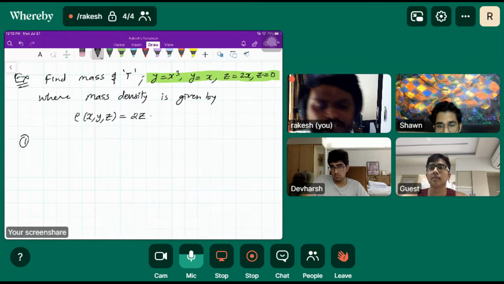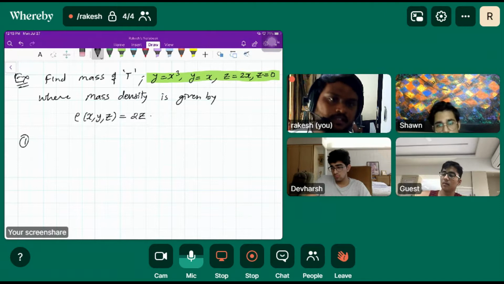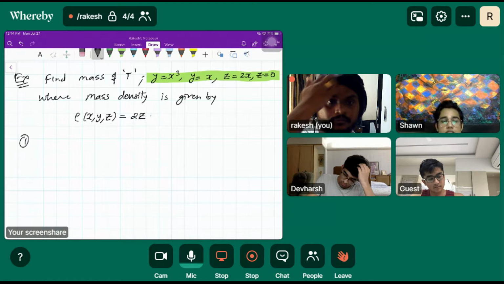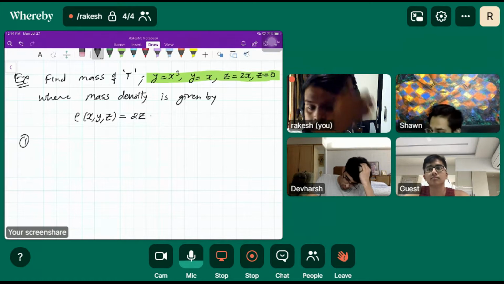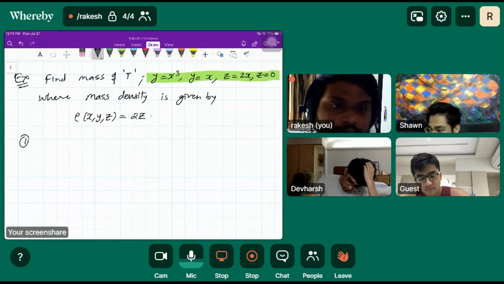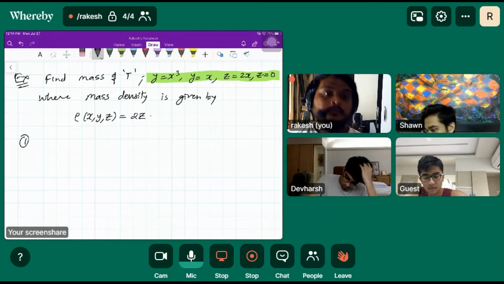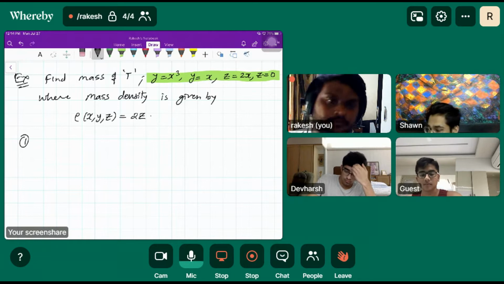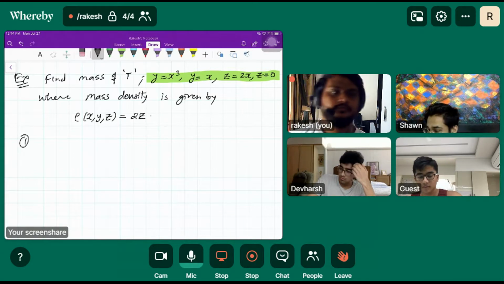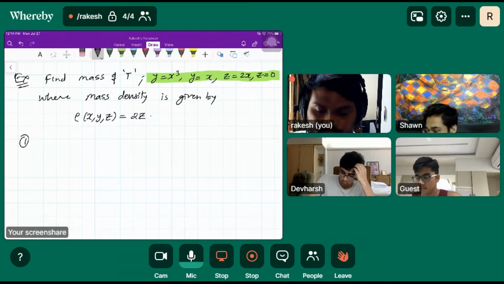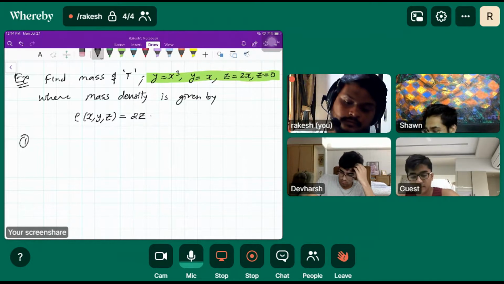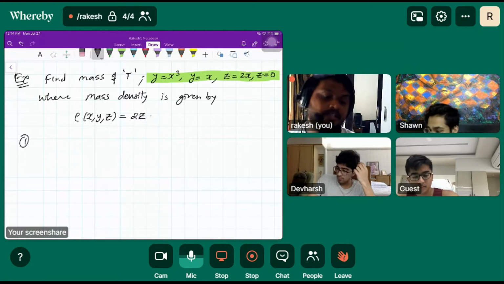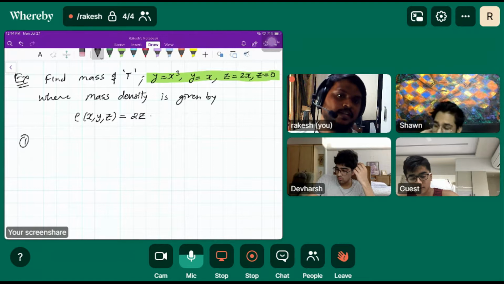Okay. So this is the question where you have to set up the triple integral. The mass density function is given, and the object is the region T bound by these functions.